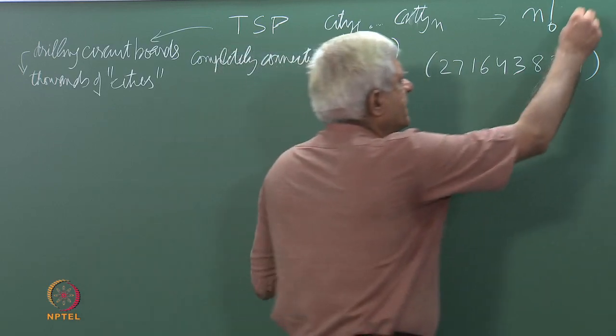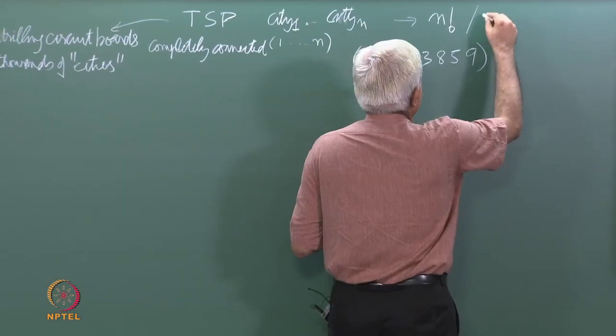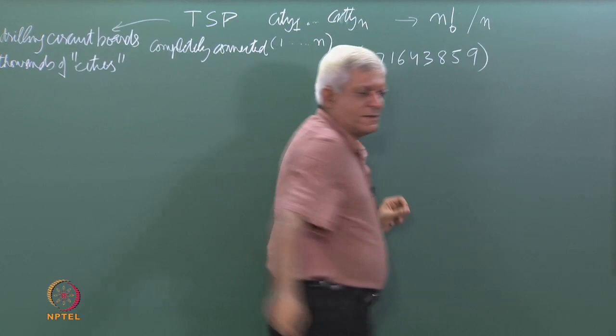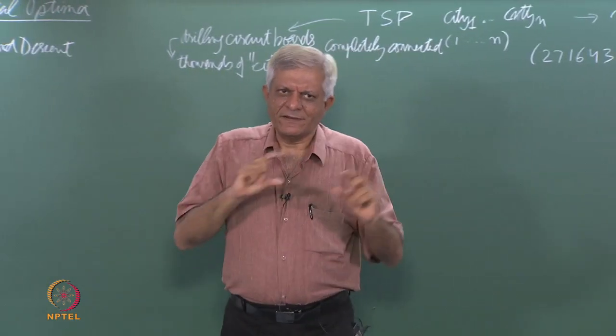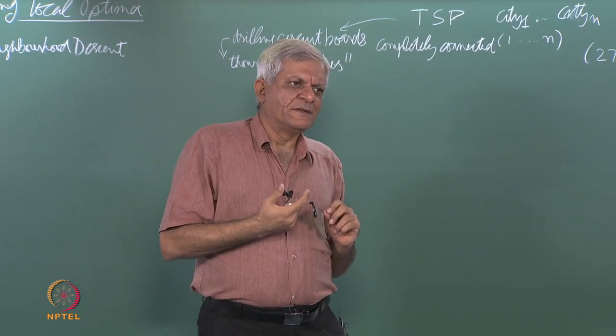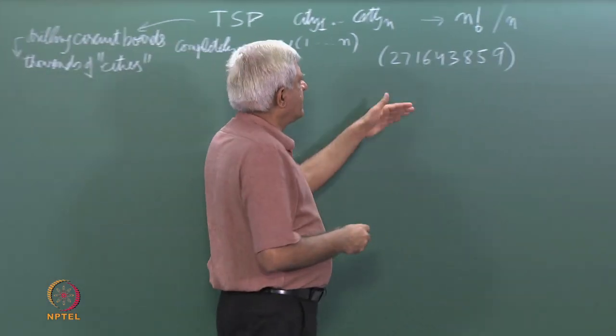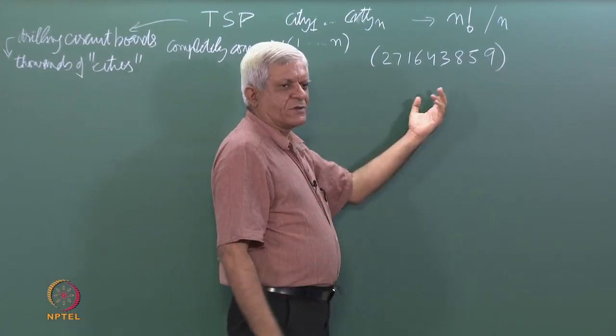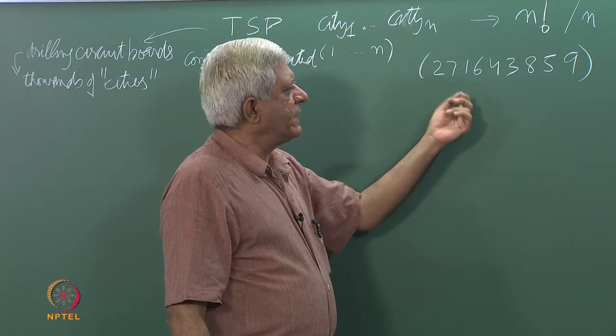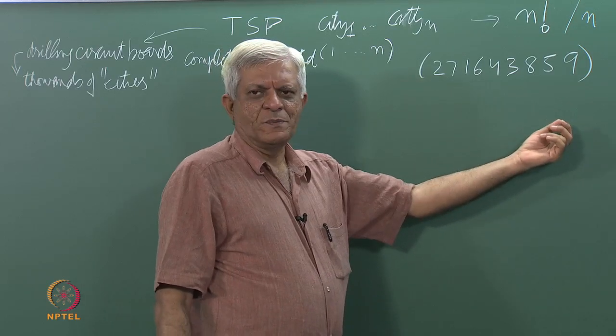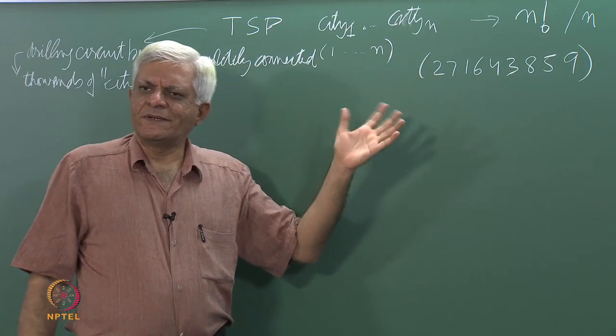So, you should divide this by n, because there are these n rotations that are possible, and in addition if I write it in the reverse order 9 5 8 3 4 6 1 7 2, then also we will assume it is the same tour.